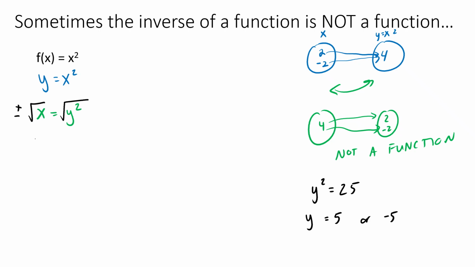And so we end up with y inverse is equal to plus or minus the square root of x. And now it's no longer one-to-one, because whatever I plug in there for x, everything except a 0, I'm going to end up with two different numbers that map to it. So that is no longer a function.